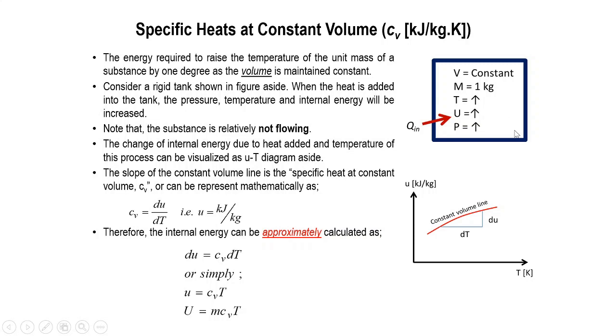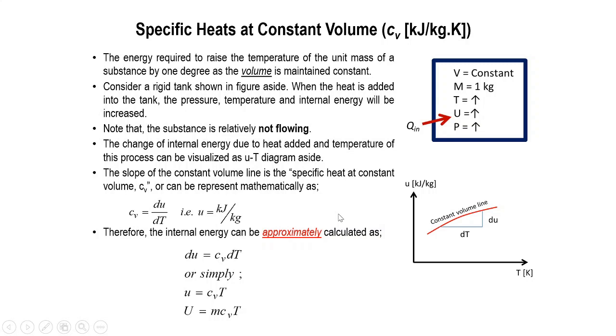The change of internal energy due to heat added and temperature in this process can be visualized as a U-T diagram aside. So you have here the internal energy and temperature in Kelvin. So you got a constant volume line here. Your increment is dU, and here the increment is dT.